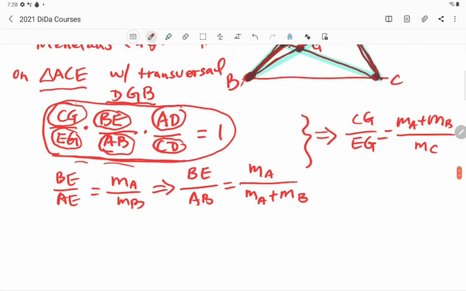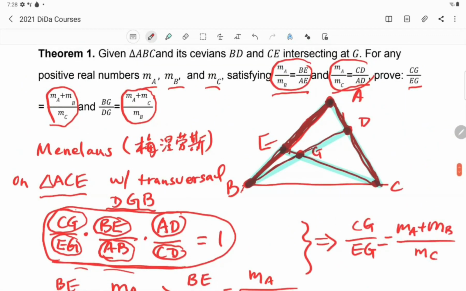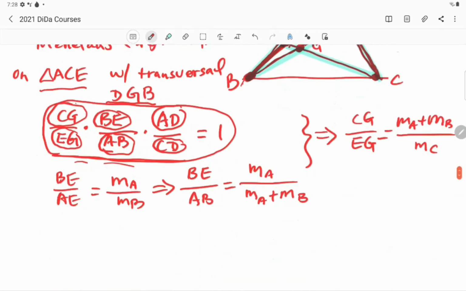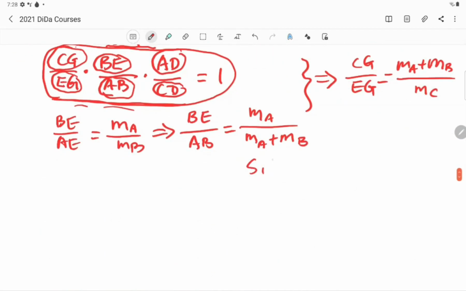And with exactly the same technique and reasoning, you get the other one. Similarly, you have BG over DG is equal to MA plus MC over MB.